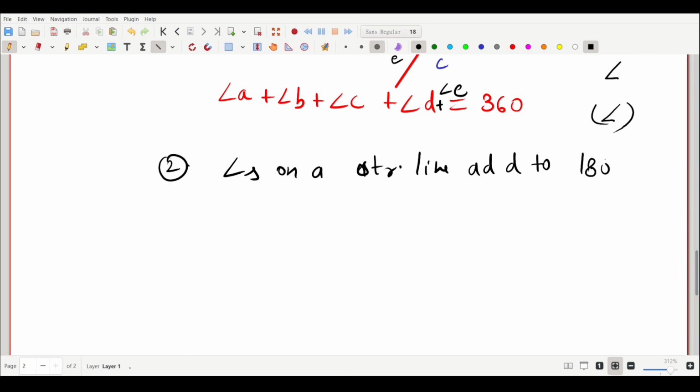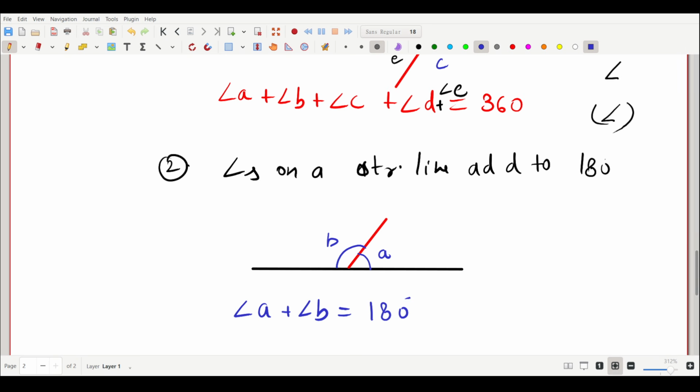So this is my line, a straight line. You will only see two angles on this straight line. This is my angle A and this is angle B. They are made on a straight line. What straight line? The black line is the straight line. So angle A plus angle B always add up to 180 degrees, always.